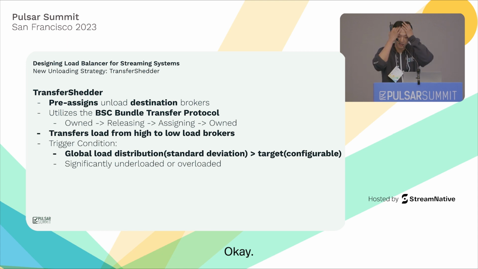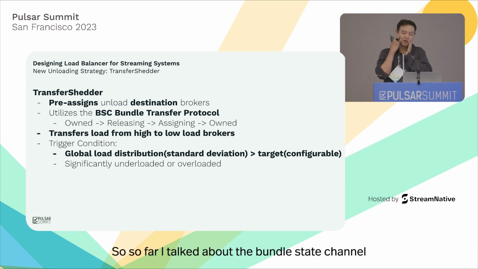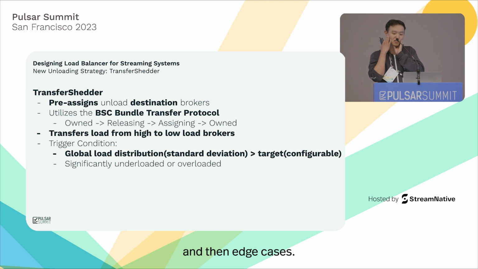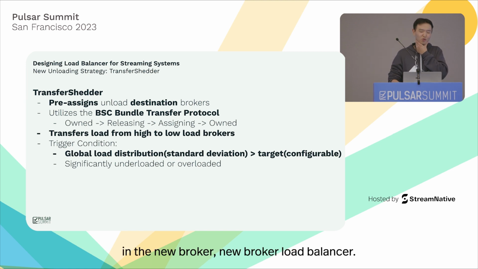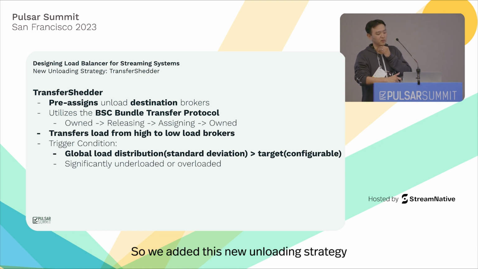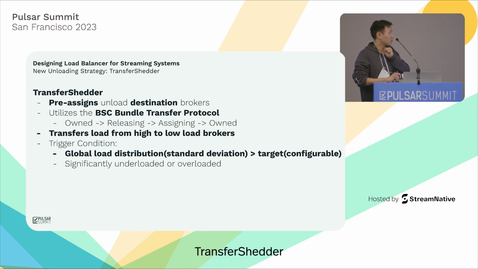Okay. So far I talked about the bundle state channel and the edge cases, and now let's switch gears to what new unloading strategy is available in the new broker load balancer. We added a new unloading strategy, TransferShedder.